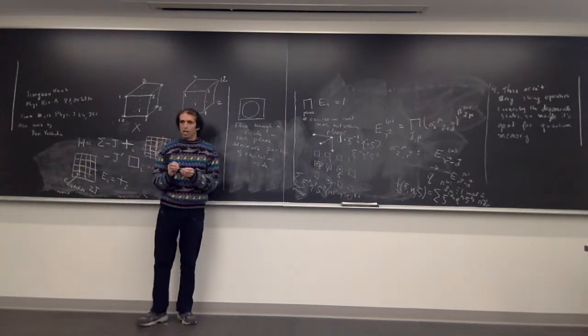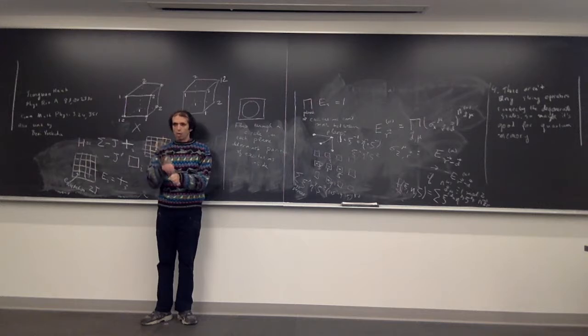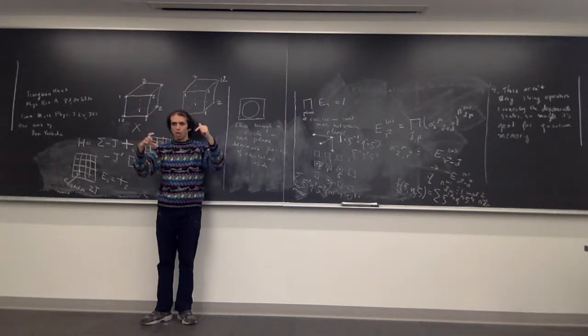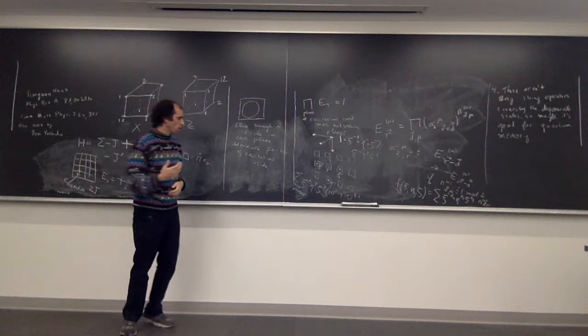So now I want to explain why it's possible to press a whole bunch of buttons and get an excitation to move from one position to 3 positions that are either 1 site away, 2 sites away, 4 sites away, 8 sites away, 16 sites away, and so on.